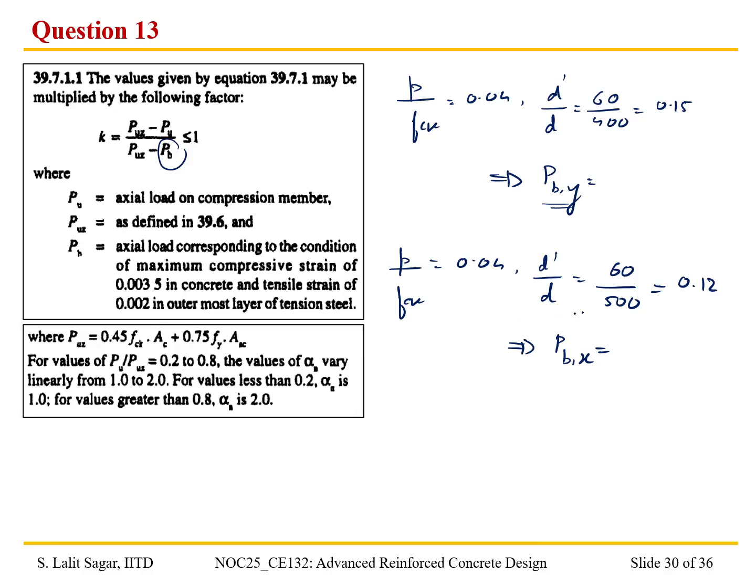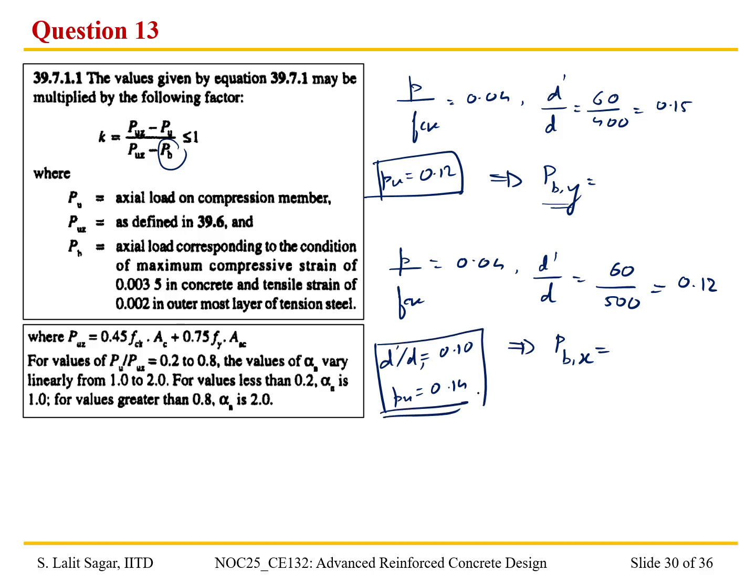Okay. So PU is 0.12. And for D dash by D, PU is 0.14. D dash by D is equal to 0.10. Okay, so corresponding to this D dash by D of 0.12, we need to interpolate the value between 0.12 and 0.14.